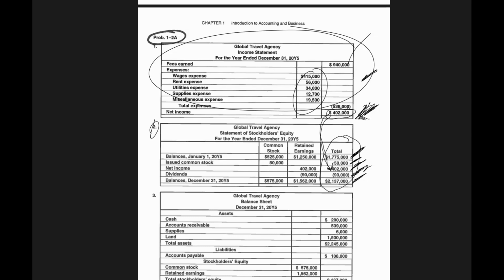And then the last statement that we put together is the balance sheet, which is the listing of all of our assets and our liabilities and owner's equity.